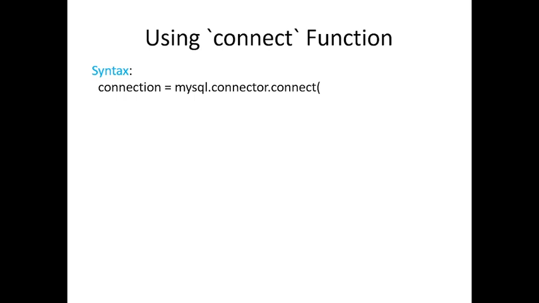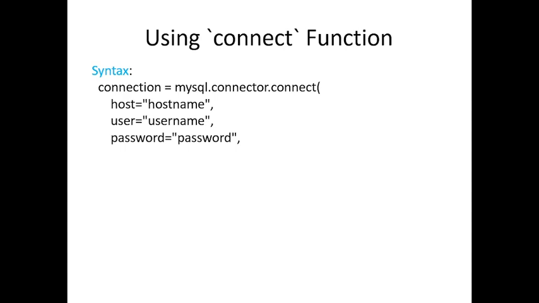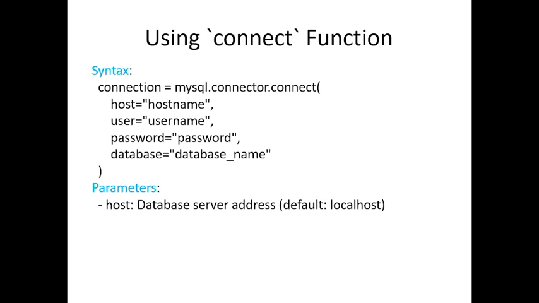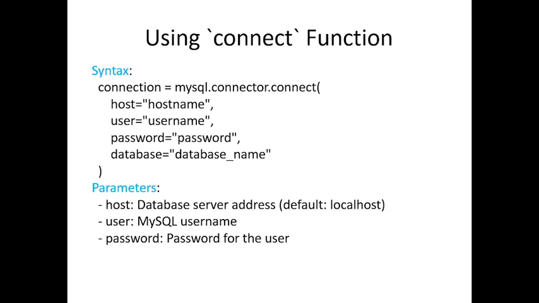The syntax is connection = mysql.connector.connect, and the parameters will be host, user, password, database. Here host is the database server address, or for a local system it is localhost. User is the MySQL username, password is the password for the user, and database is optional, that is the database that you want to use.